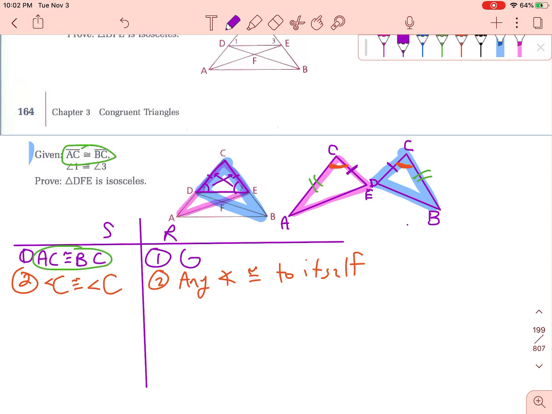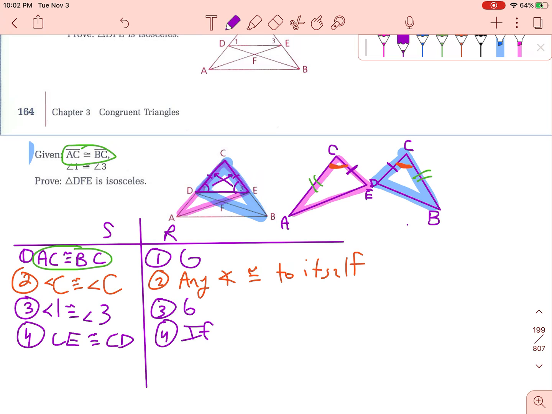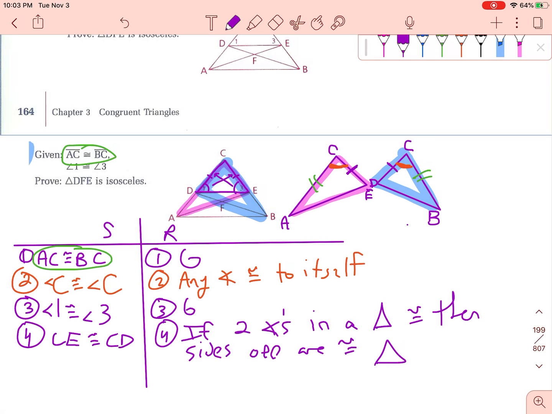I also then put down that angle 1 is congruent to angle 3, given, and then I put down that CE is congruent to CD, because if two angles in a triangle are congruent, then the sides opposite are also congruent. This is shorthand for this right here. Okay, so if two angles are congruent, then the sides opposite are congruent.